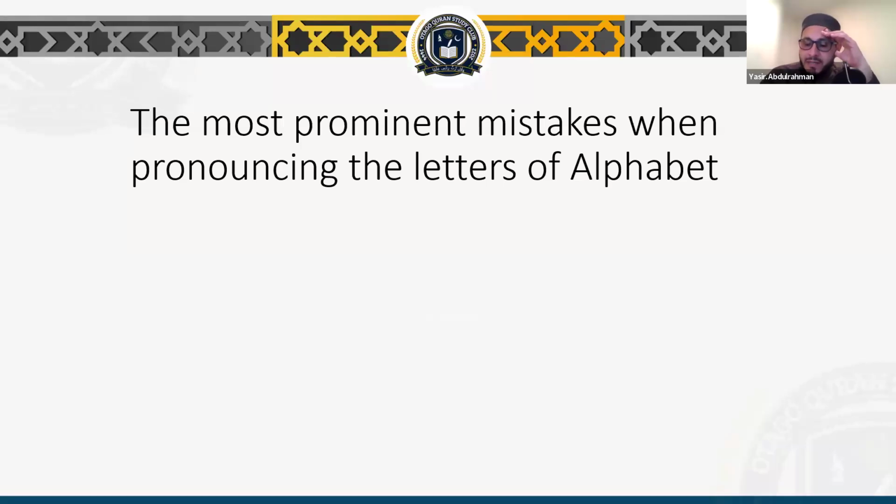heaviness, because the sad is a heavy letter with a fatha with the alif after it. That's the highest level of tafkhim, of heaviness. Al-masjid, that's how you say it.